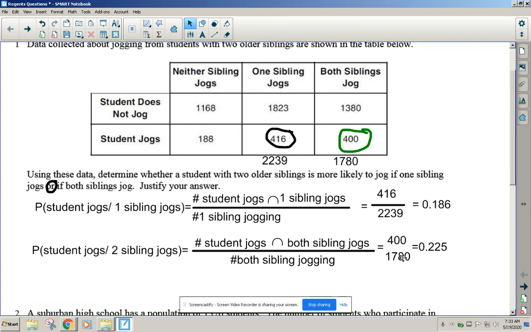And so then the overall question, the answer now, because so often people spend so much time on the work, and yes, this work is pretty significant, but if you don't put the time into making sure you literally answered the question, you get hit hard on a Regents, which of course you guys are all lucky that you're not taking, but you are going to move on. So we'll just pretend that you're taking it. So the bottom line is you would have to then make sure you write an answer that says, more likely to jog, a student is more likely to jog if both siblings jog.